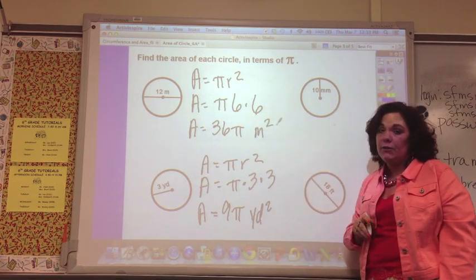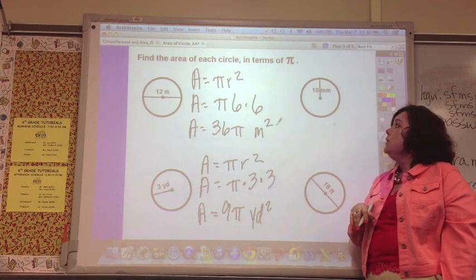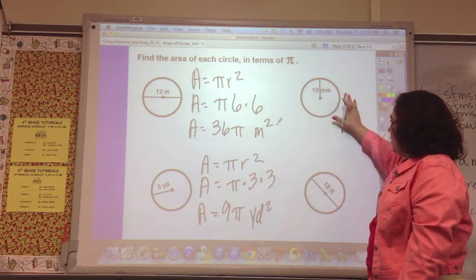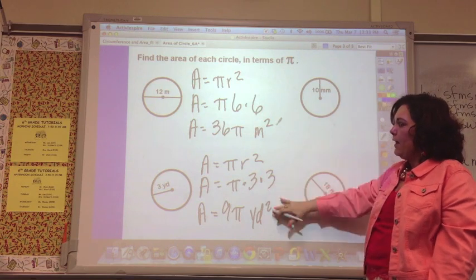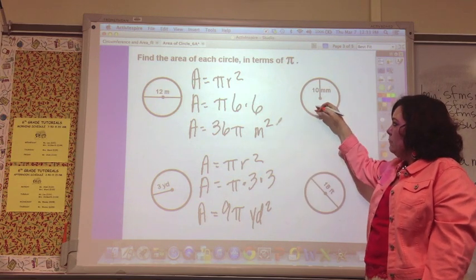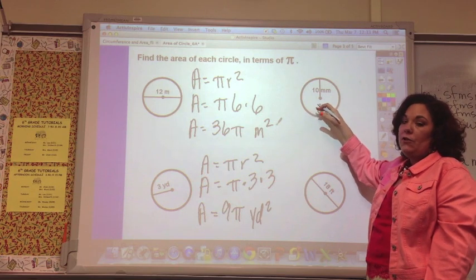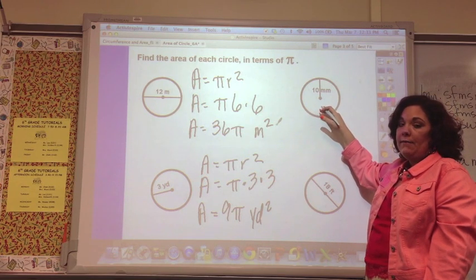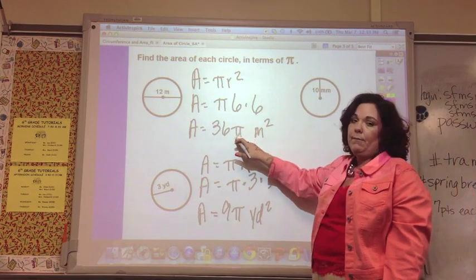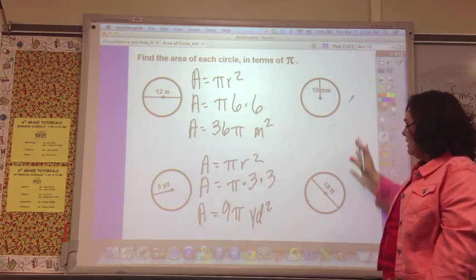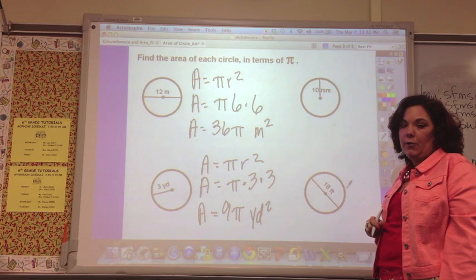So that's your answer, in terms of pi. So pi is included. Here you have your radius, and here you have your diameter. So find these in terms of pi. You don't have to multiply it all out. You don't have to do that times 3. Just leave the pi. So do these and then come back and we'll check your work.